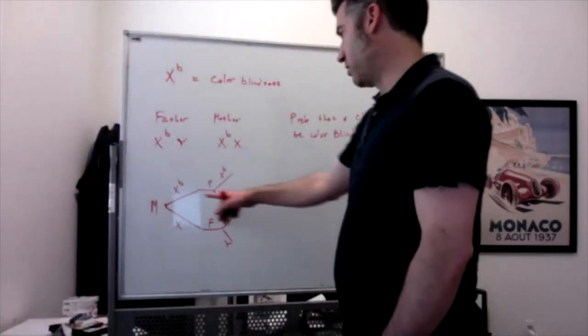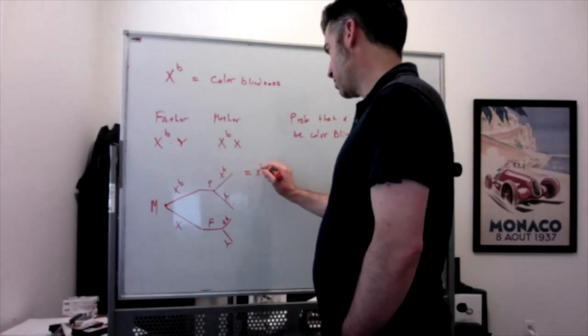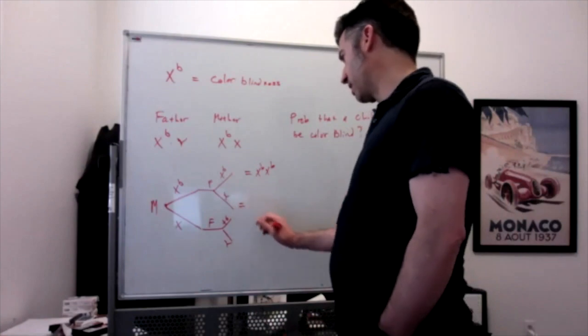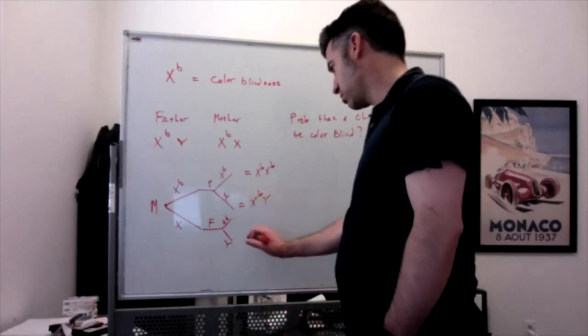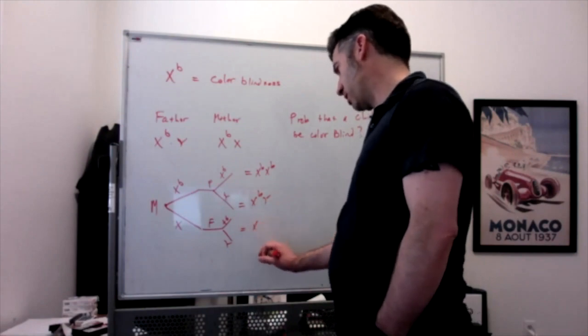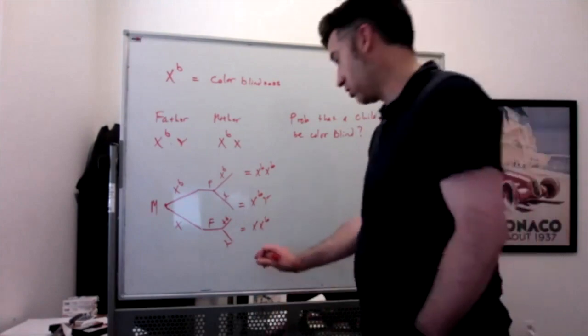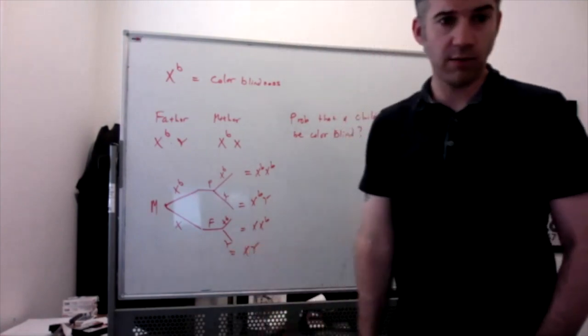So let's see, this way we end up with a colorblind girl. This way we end up with a colorblind boy. This way we end up with a carrier girl. And this way we end up with a not colorblind boy.